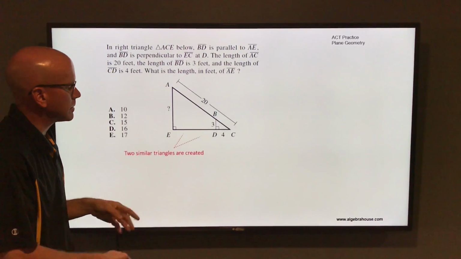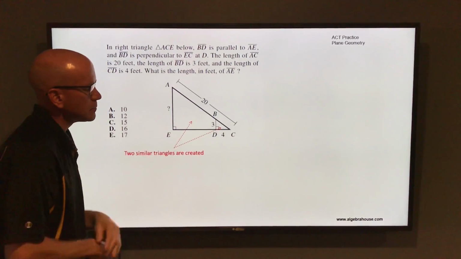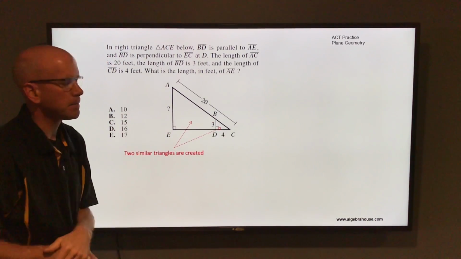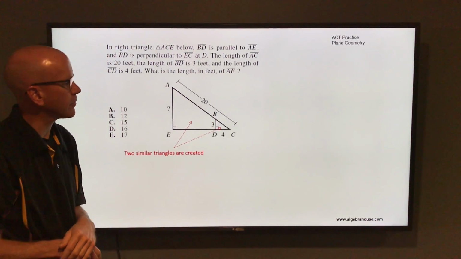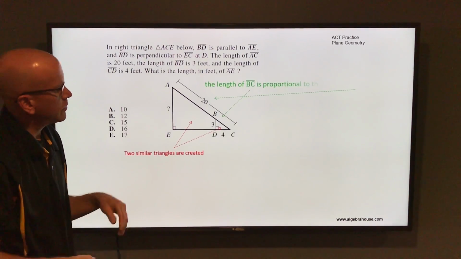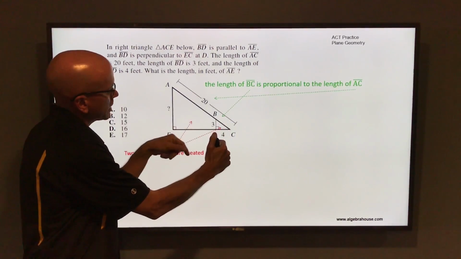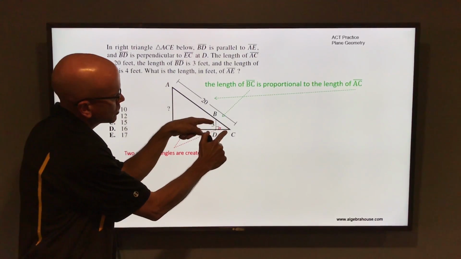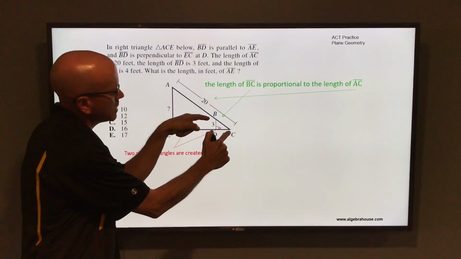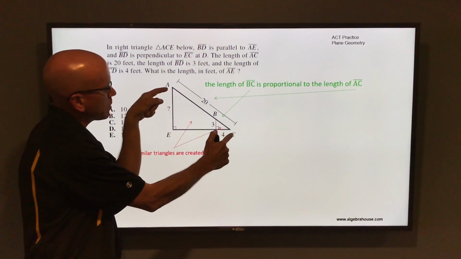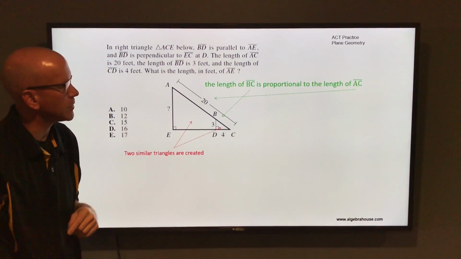Well, you have two similar triangles that are created. There's triangle AEC and triangle BDC. Those are similar triangles. This length of BC is proportional to the length of AC. So this short side BC on the small triangle is proportional to AC on the big triangle.